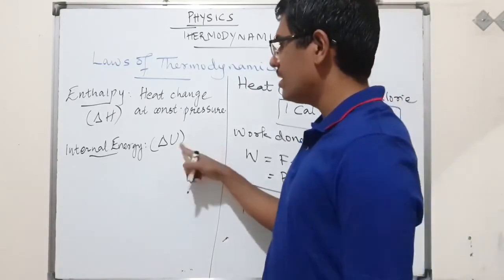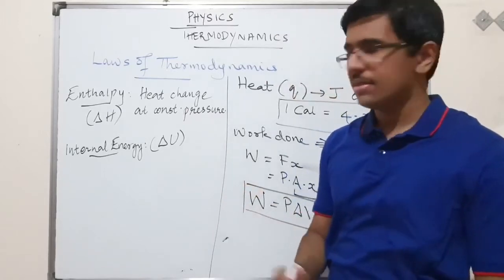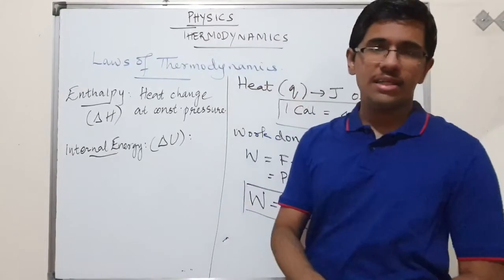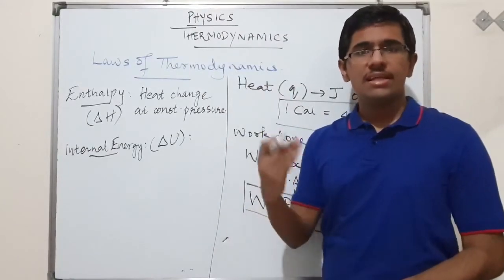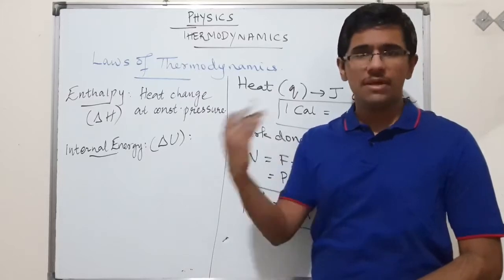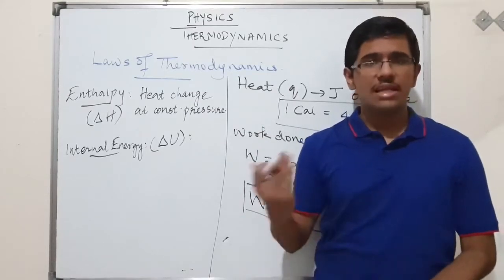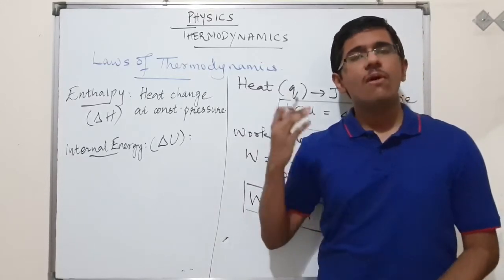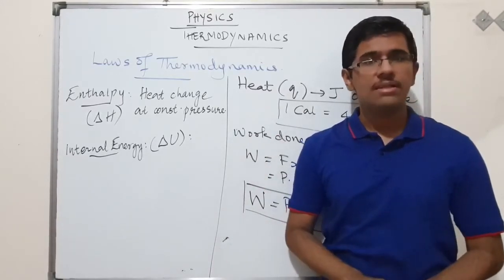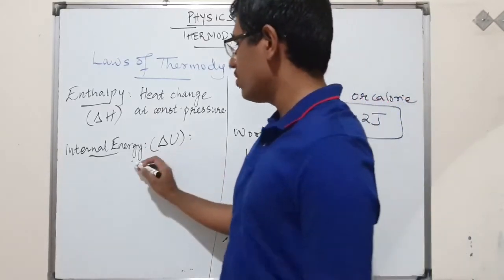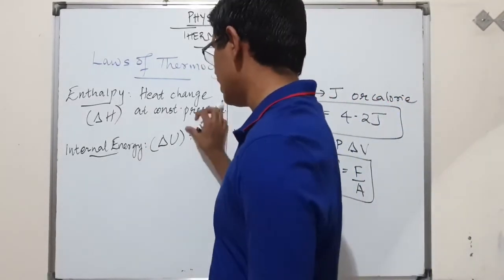How can you define internal energy? It is the sum of all the energies, be it rotational, kinetic, thermal, atomic energy, or the different types of energies present. Oscillatory motion and all motion contain a particular amount of energy. So the sum of all the energies in a particular system is known as the internal energy. Okay, that we are familiar with.